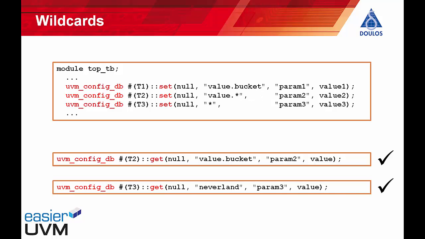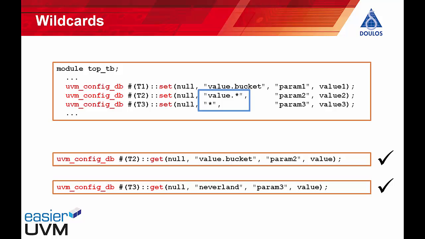Another subtlety is that we can use wildcards within the scope string that's sent to set. So in this case, when we write param2, we've set the scope to value.star, and param3 has got its scope set to star. And star, within a string in UVM, in a number of contexts, is a wildcard, technically known as globbing.